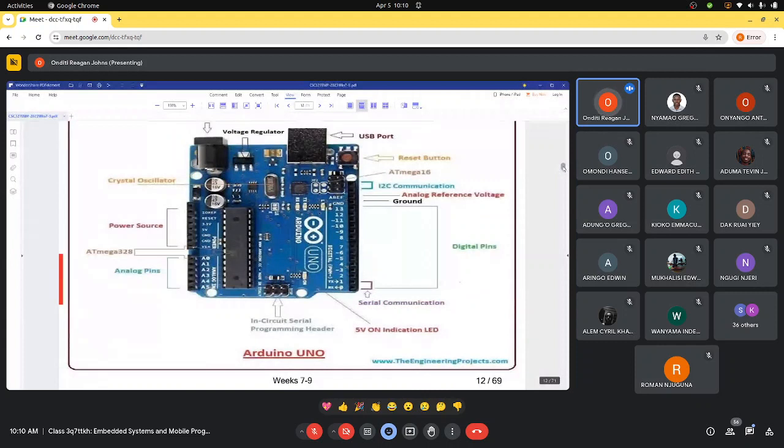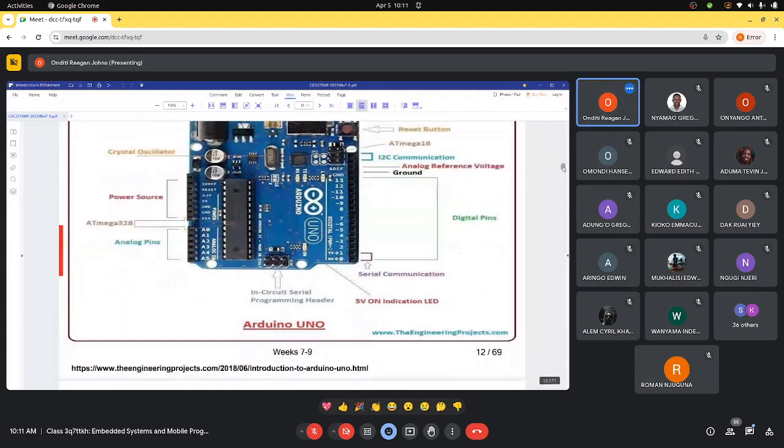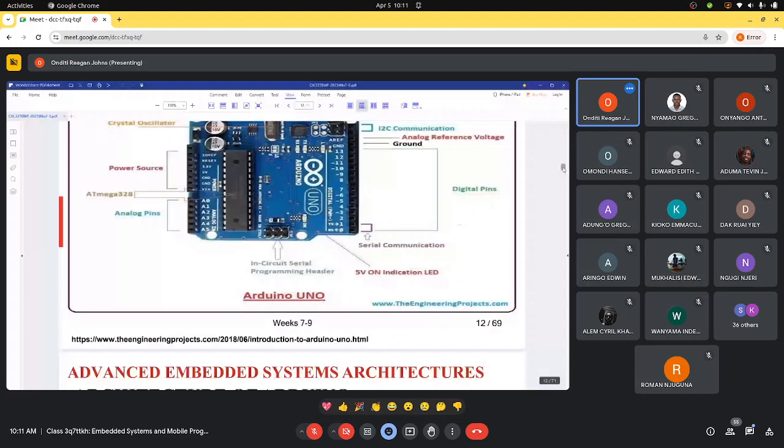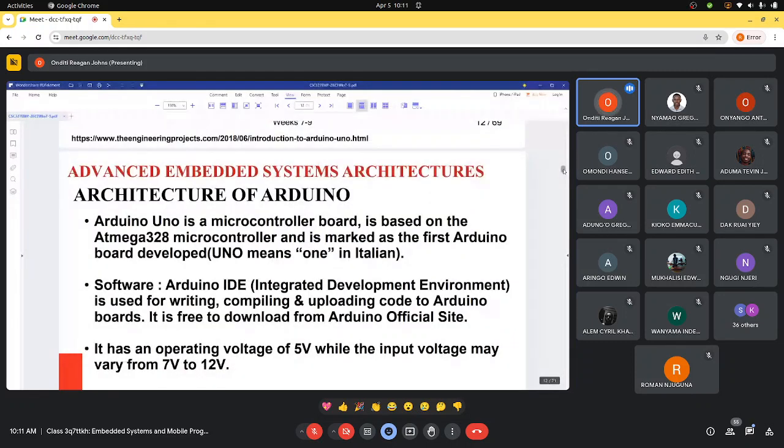So this is basically the same board that we've been seeing. Arduino Uno is a microcontroller board. It's based on what we have seen, an ATmega328, but this is just for the Arduino Uno board.